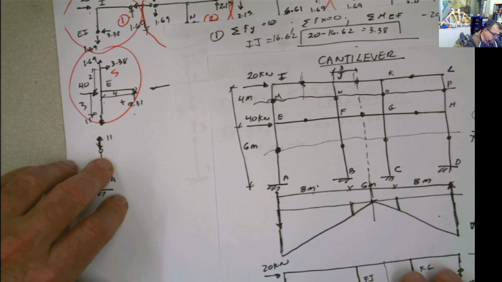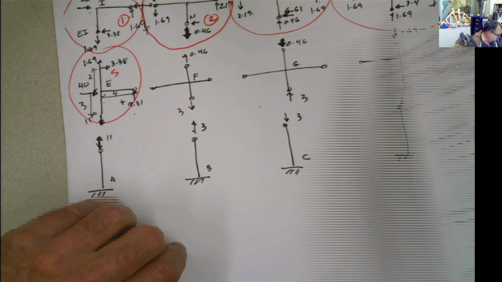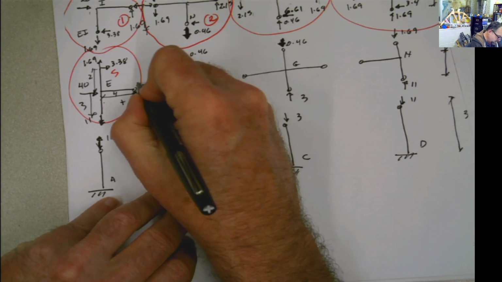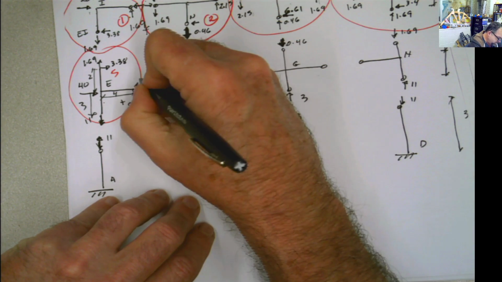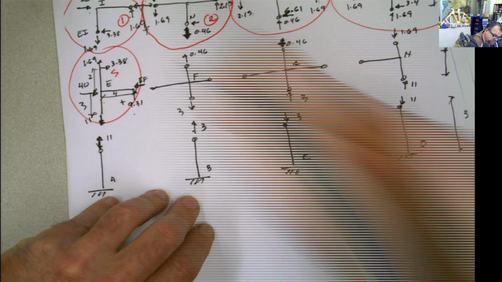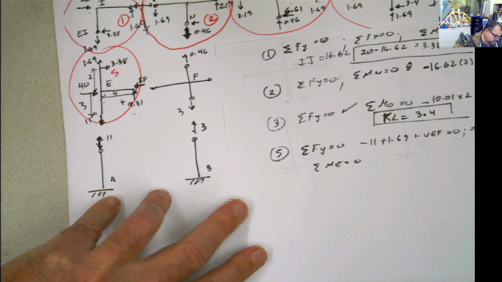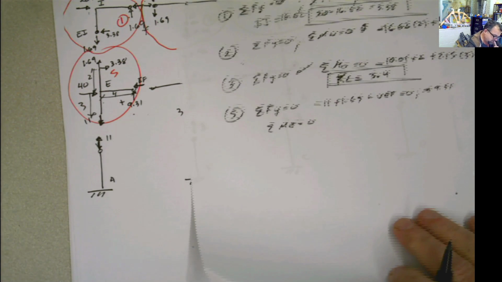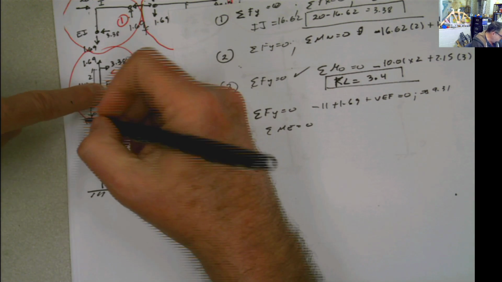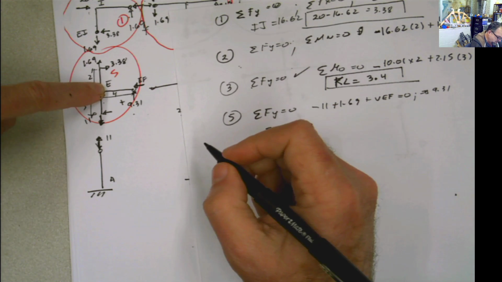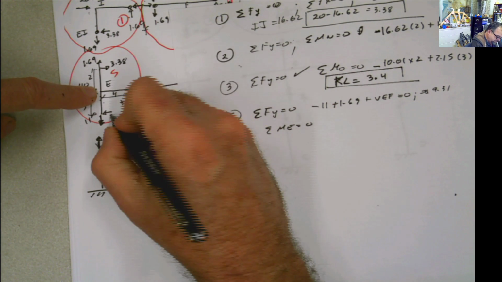So then I can put my force that I want to calculate, and I'm going to call that force EF. And I'm going to have to calculate this force here, and that force I'm going to call EA.